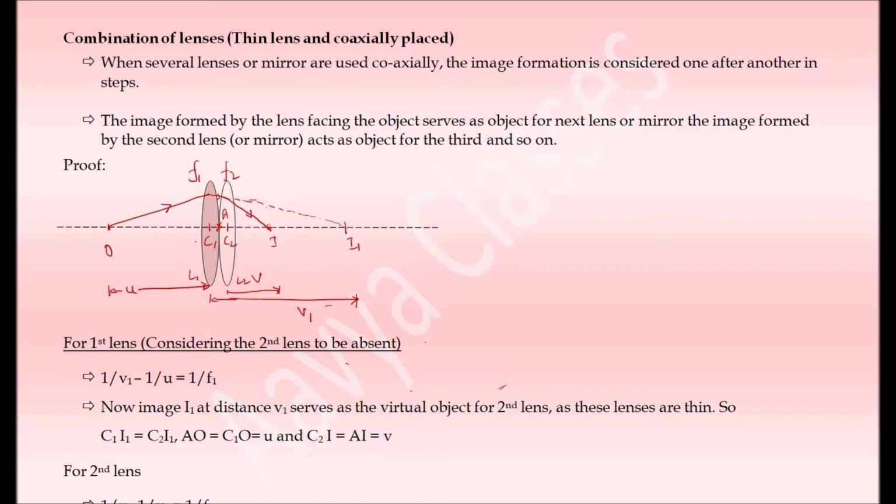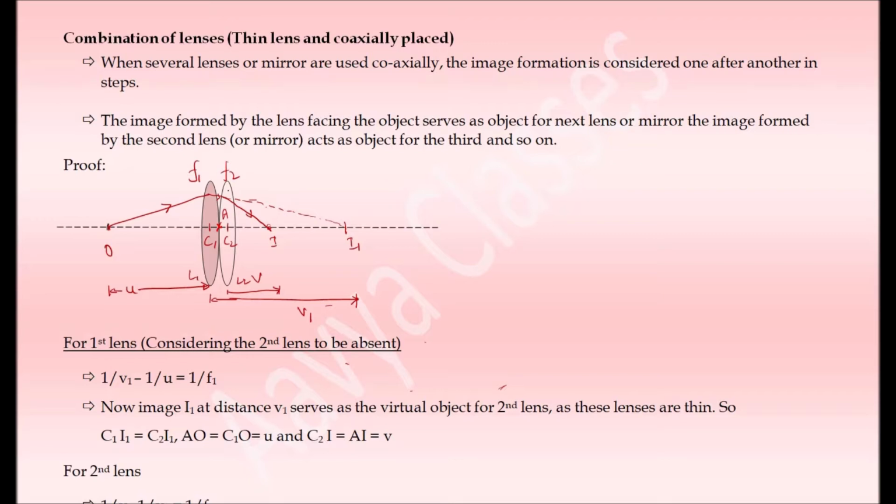It is important to note that this is true only for thin lenses. So I have taken two thin lenses L1 and L2, and the focal lengths of these two lenses are f1 and f2 respectively. The optical center of the first lens is C1 and the optical center of the second lens is C2. A is the midpoint of these two lenses. Now consider an object O. The rays come from this object and refract from the first lens.